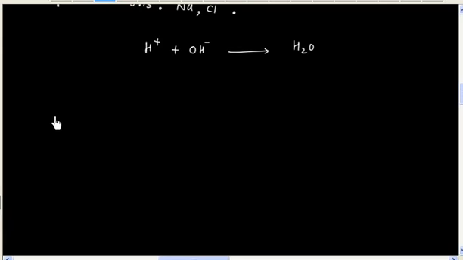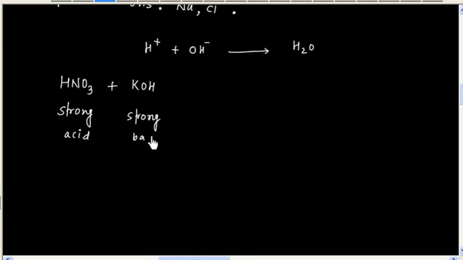Let us consider another a strong acid, a strong base reaction. Let us say we have HNO3 and this is reacting with KOH. Both are strong, so this is a strong acid and this one is a strong base. It will form salt, that is KNO3 plus water. So this is molecular equation.